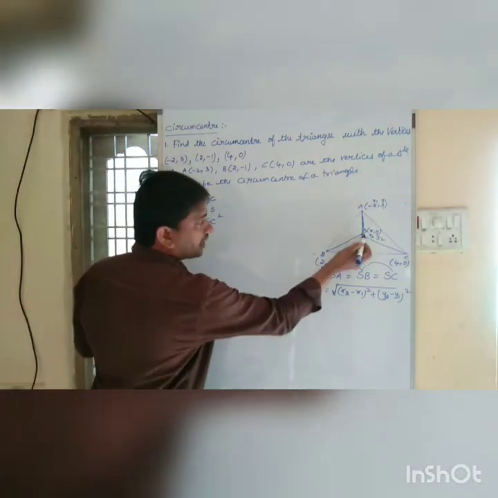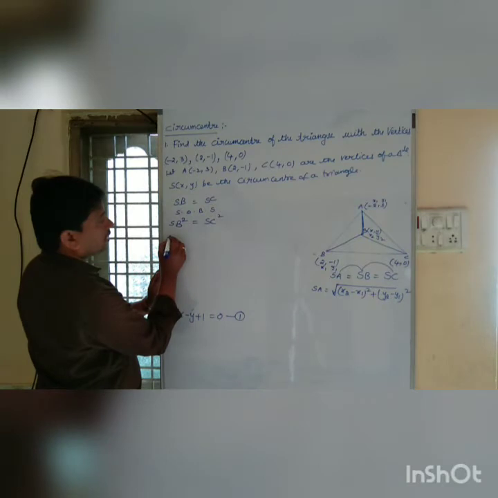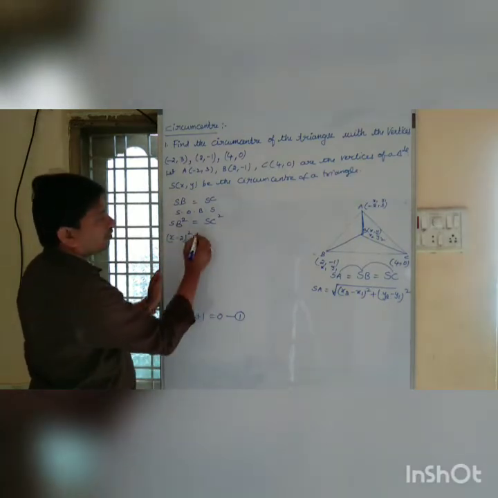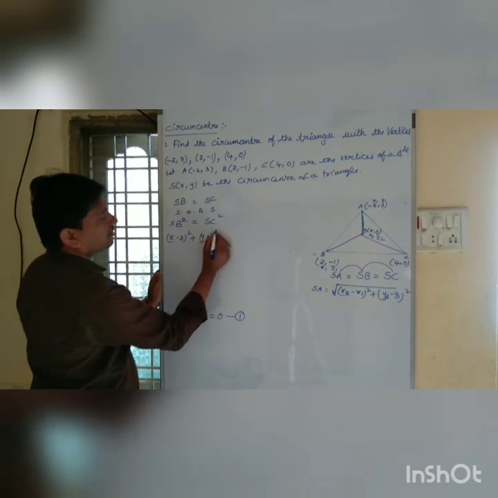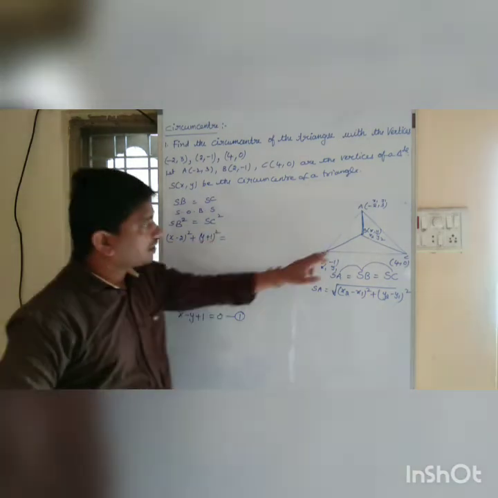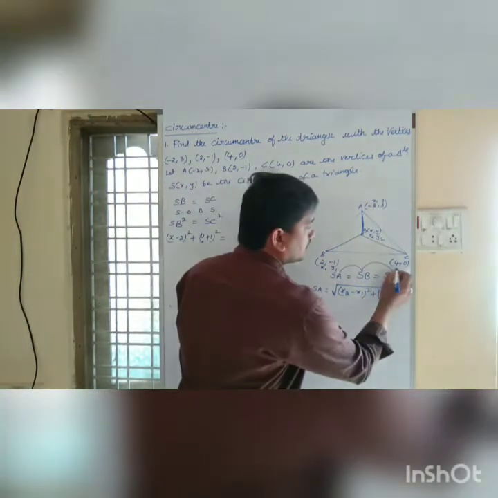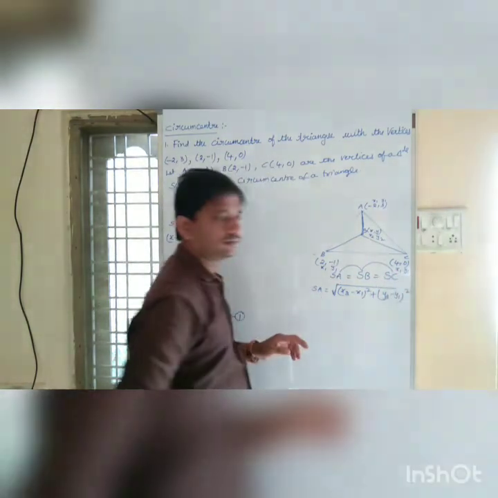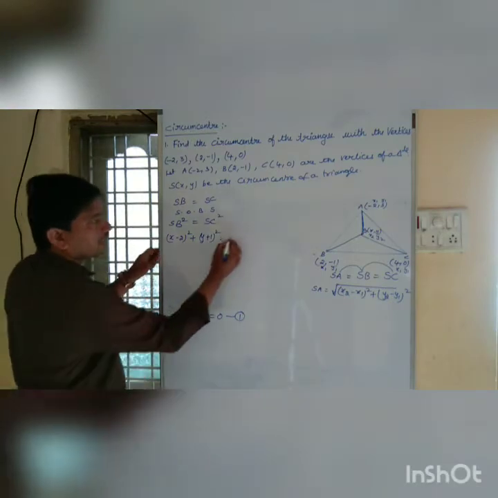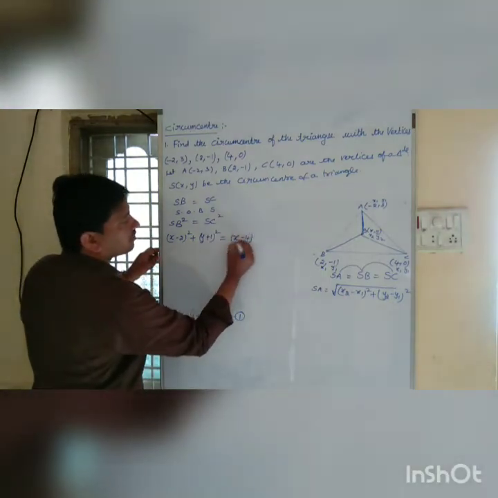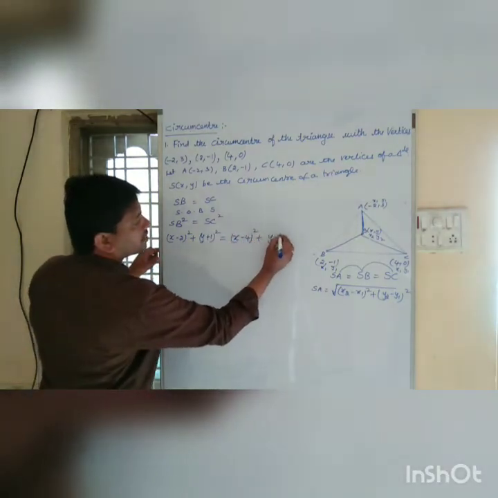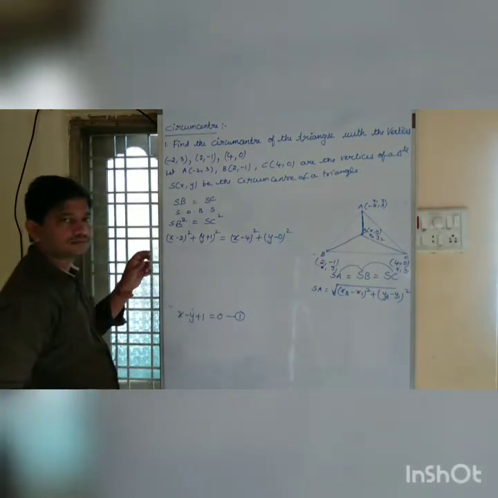See children, SB first of all: (x minus 2) whole square plus (y plus 1) whole square is equal to the distance between S and C. With x2, y2 and this as our x1, y1, (x2 minus x1) whole square, I mean (x minus 4) whole square plus (y minus 0) whole square.